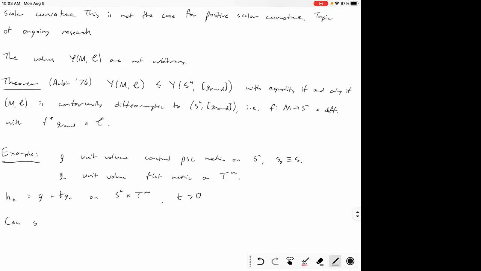So using some of the facts we've talked about today, you can show that if I apply the normalized Einstein-Hilbert functional to this family of metrics, I get S, this constant scalar curvature value, times t to the power of m over n plus m.